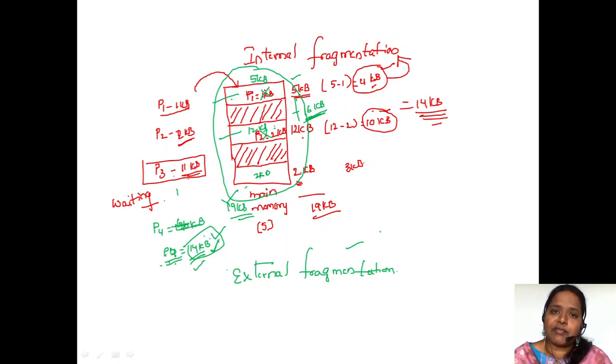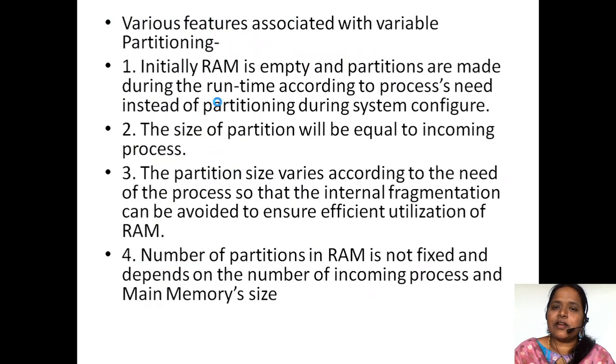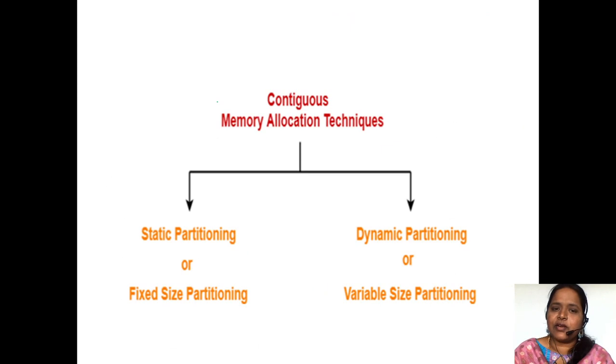Why? Because this memory is not contiguous. So this is external fragmentation. I think you have understood internal and external fragmentation, and that is the difference between them.